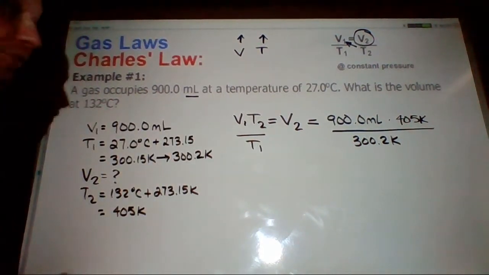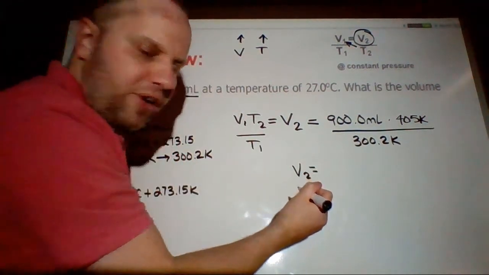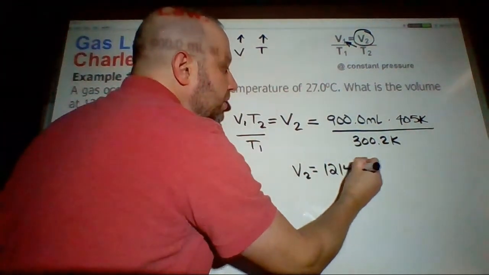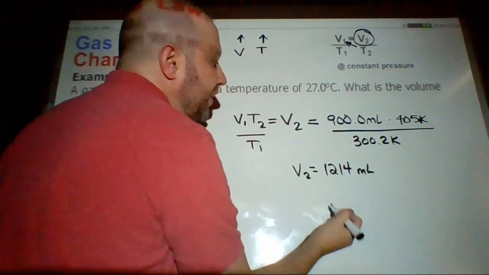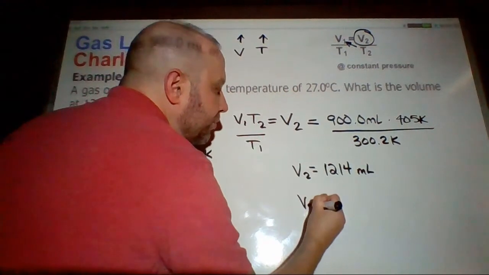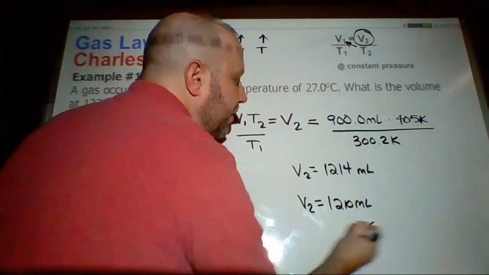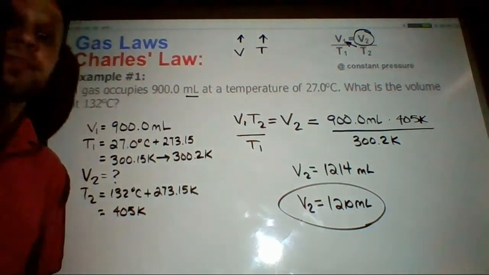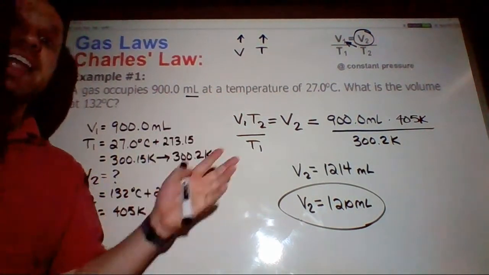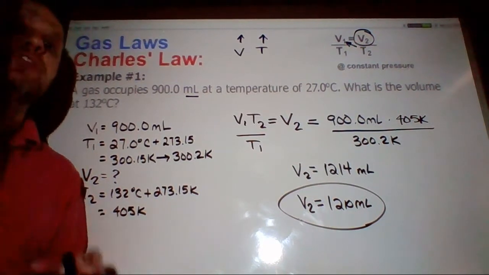Well, the volume for this problem, volume 2, when you solve for this, turns out to be 1214 milliliters, but because we're limited to just 3 significant figures, our volume 2 is going to end up being 1210 milliliters. Questions? Again, write them down, jot them down, write them somewhere so that when we meet tomorrow, you can ask those questions.